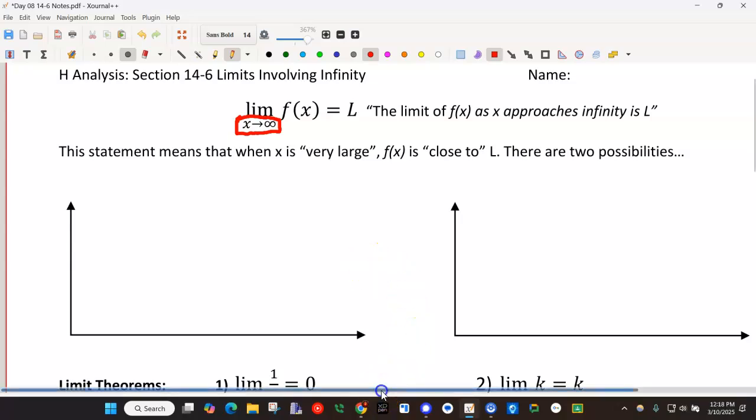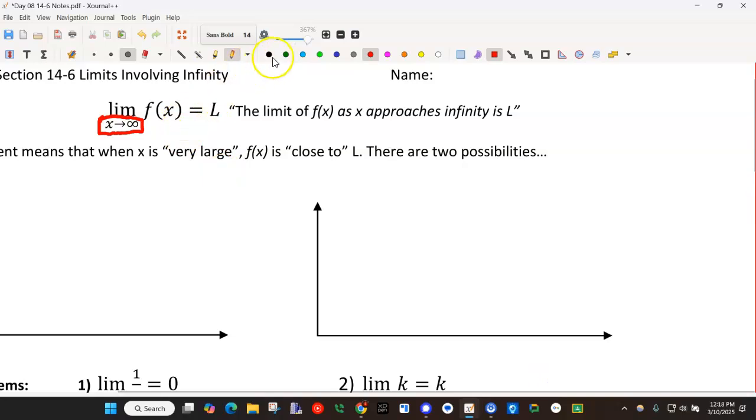So a good way to think about this, before we get into more difficult graphs, is what happens for something like a parabola as x goes to infinity. Right? So this graph, which is x squared, as x goes to infinity of x squared, you're just saying, forget all this stuff.